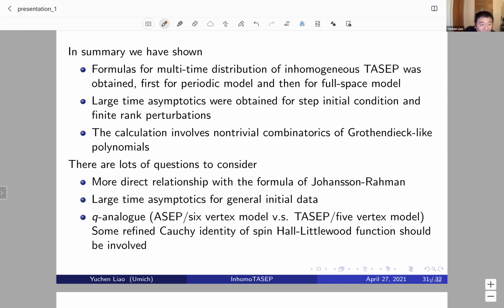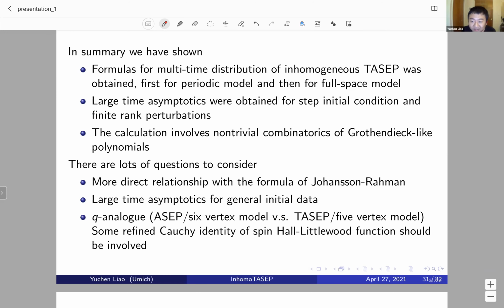Or maybe something more interesting to some of the audience: what happens for ASEP. So here I'm discussing primarily determinantal things. So really for ASEP, I believe things should be parallel, except that instead of seeing this Grothendieck type thing, one should see some spin Hall-Littlewood.